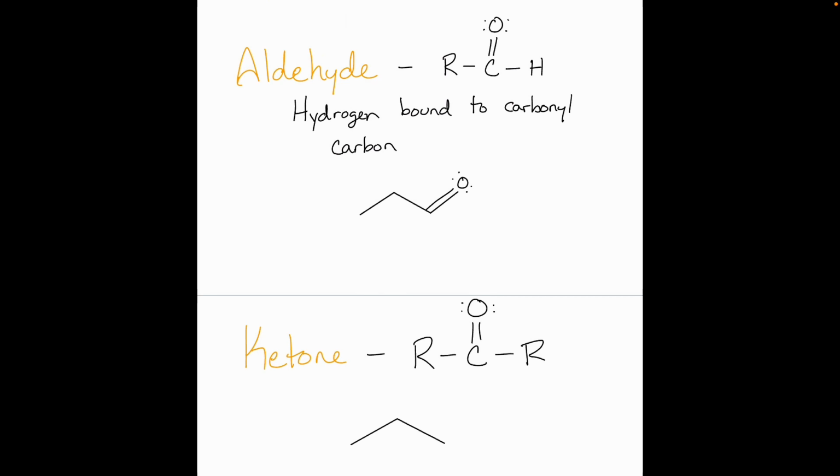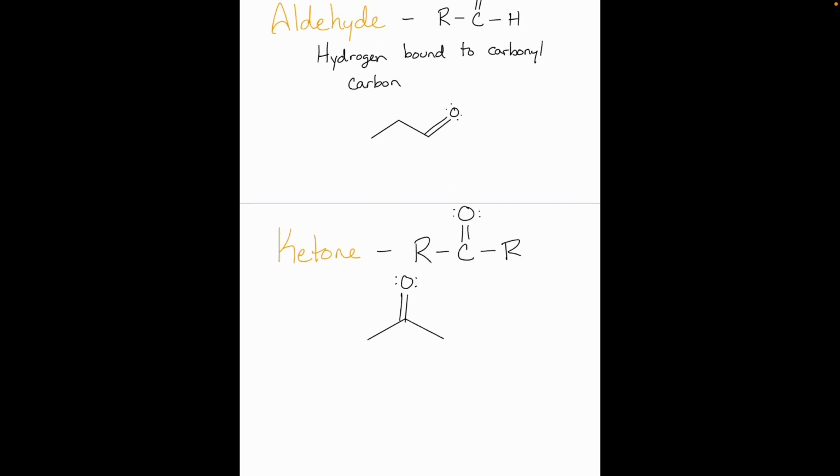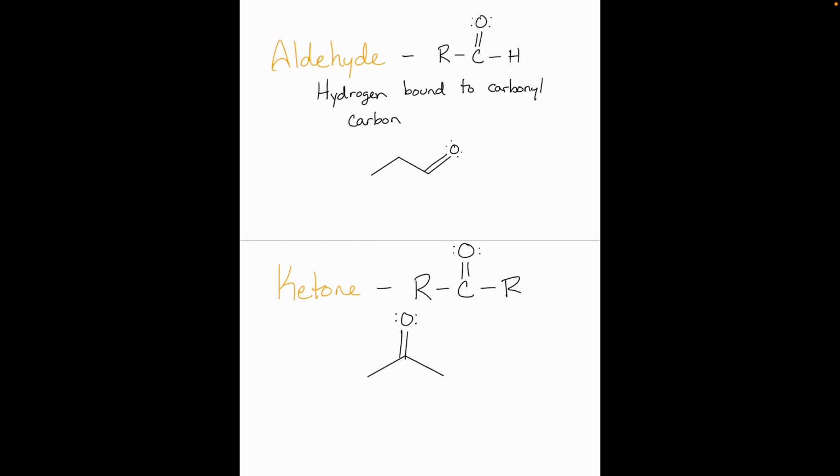Has 3 carbons, and that middle carbon has that carbonyl bond. All right, so again, an aldehyde, the carbonyl bond is at the very end of the molecule. A ketone, it's sitting somewhere in the middle. Truthfully, there's no good reason why they distinguish between these two. They always behave the exact same, but I didn't make the rules, and the organic chemistry gods have decided that they're going to fall into 2 separate categories.